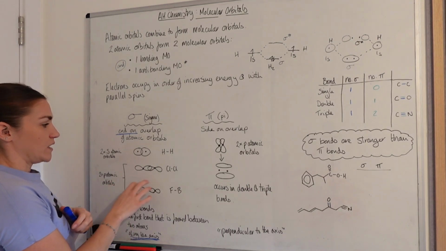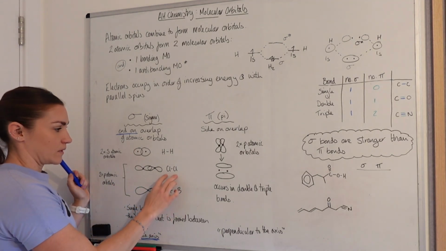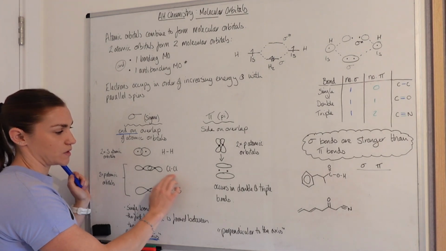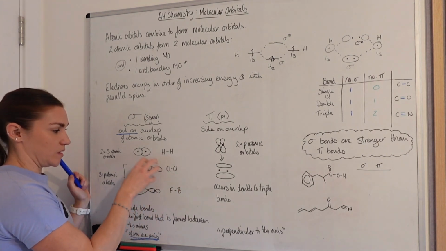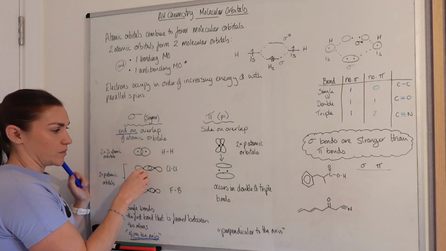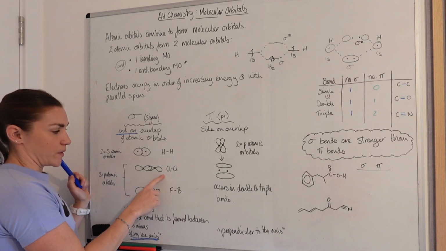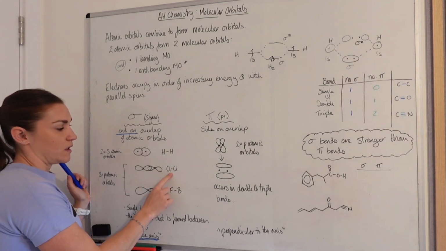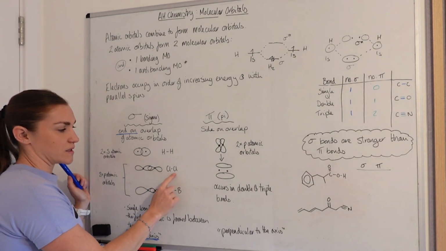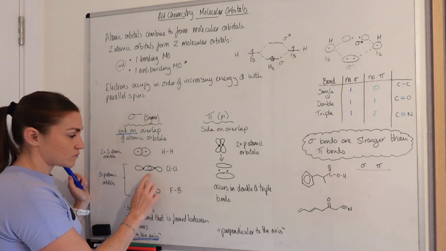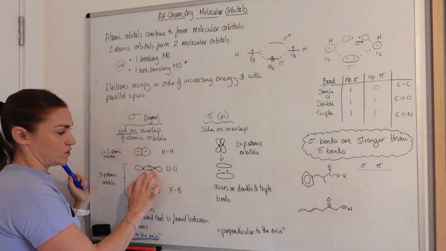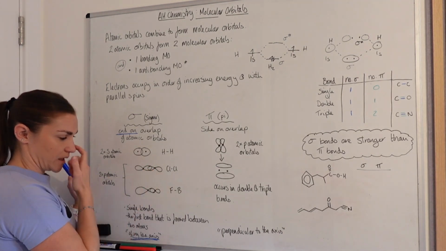When you get to the p block, if atoms in the p block form a bond, then it's going to be the p orbitals that are involved in the bonding, and an end-on overlap of p orbitals looks like that. In this example, the atoms have the same electronegativity, so the electron density is going to be equally shared around the two nuclei. That's what these wee dots are here.